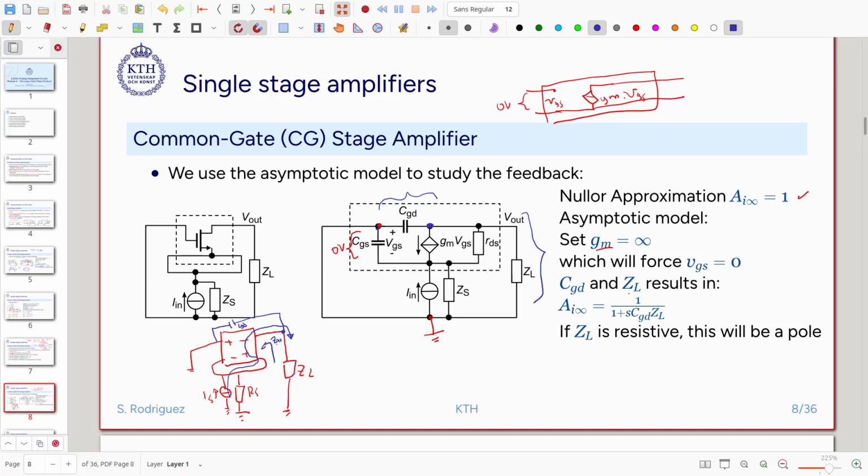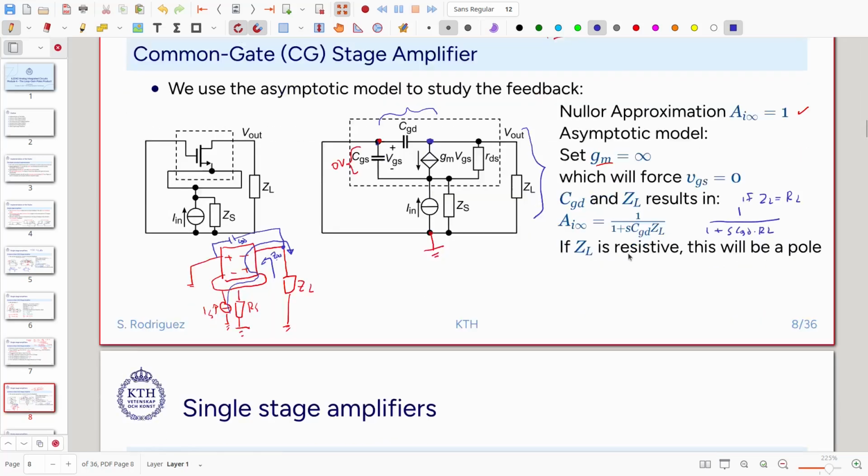So again, assuming that ZL is resistive, then we will have a pole located at 1 plus s CGD times RL. So this is a single pole system. This pole in the asymptotic gain will become a zero in the loop gain, and it is a phantom zero. Okay, so we have all the information that we need from the null approximation and the asymptotic model.